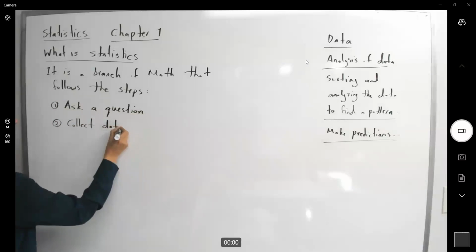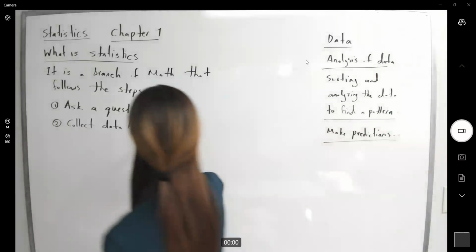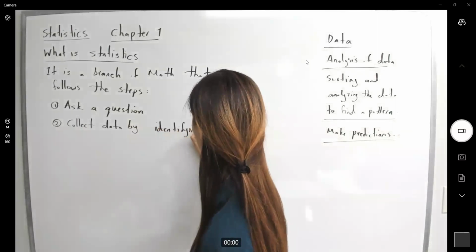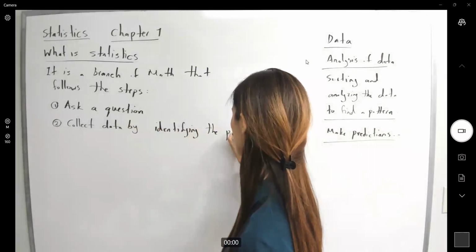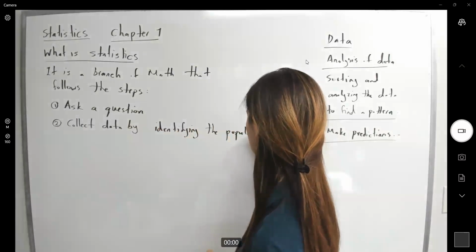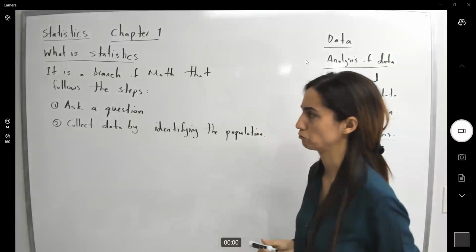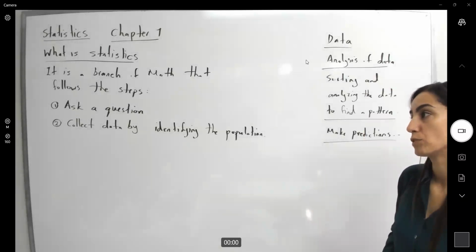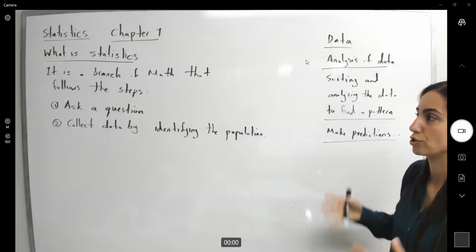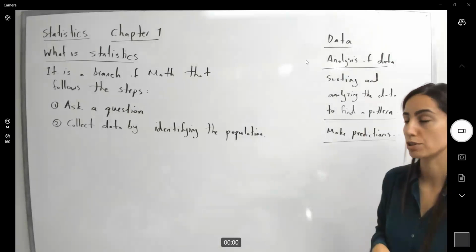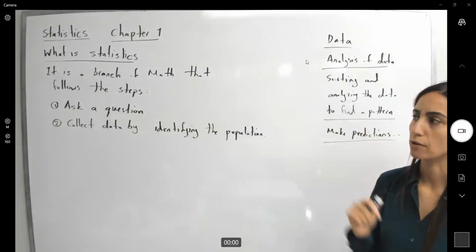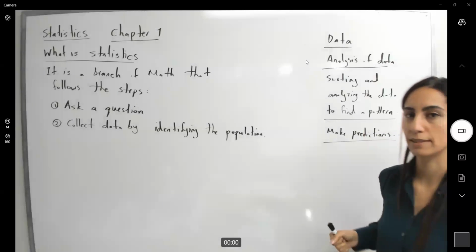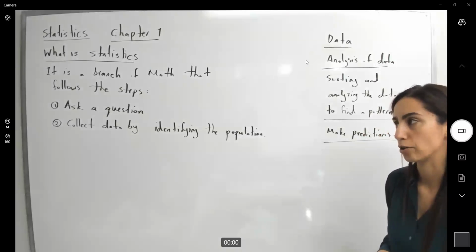I have the question, what's the average GPA of De Anza College students? What's the average GPA of Stanford University students? I found the target population and I start taking random samples and collect the data.